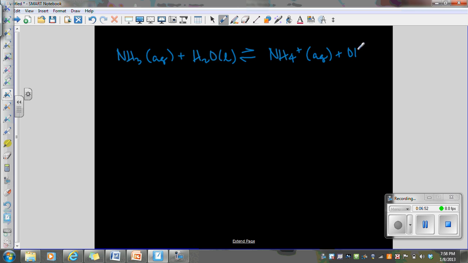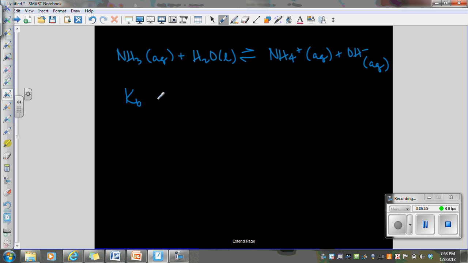I'm going to take the weak base ammonia, and that will be in solution, in liquid water, and that is in equilibrium with the ammonium ion and the hydroxide ion. Okay, so we want to write an equilibrium expression for this.